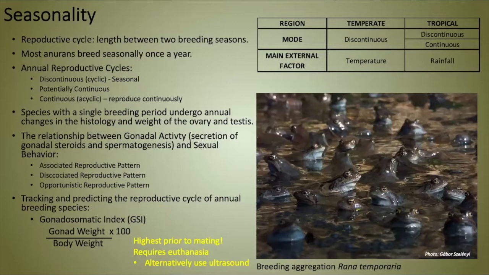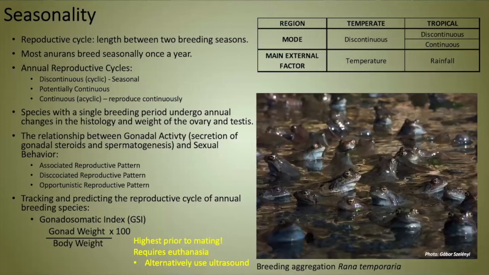The species with a single breeding period usually show physiological and histological changes in the ovaries and testes. The relationship between gonadal activity and sexual behavior, where gonadal activity refers to the secretion of gonadal steroids or hormones and spermatogenesis, can be shown in three different patterns. The associated reproductive pattern is where the gonadal activity coincides with the onset of sexual behavior.